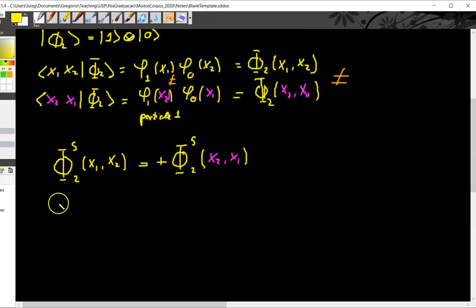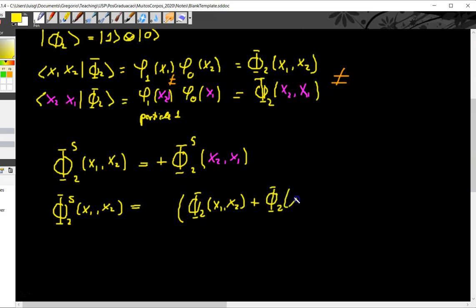One possibility is to do this. I combine these two. So I'll take the old phi 2 at x1, x2 and add the phi 2 at x2, x1.